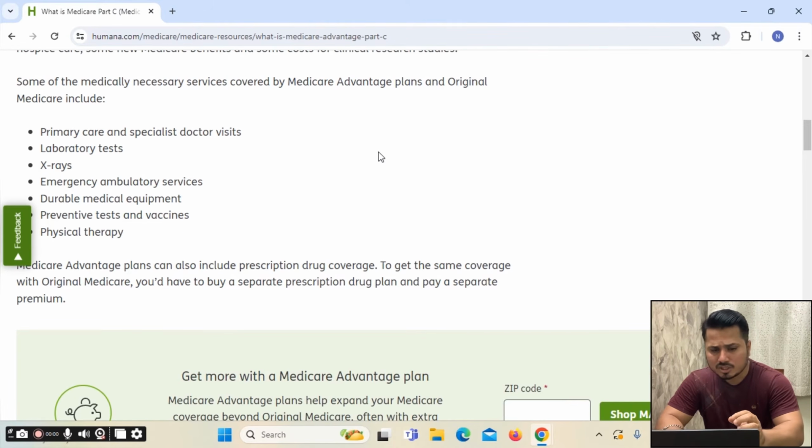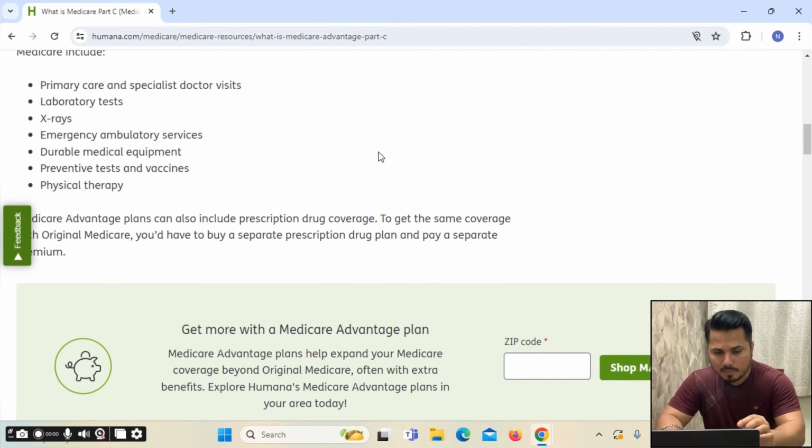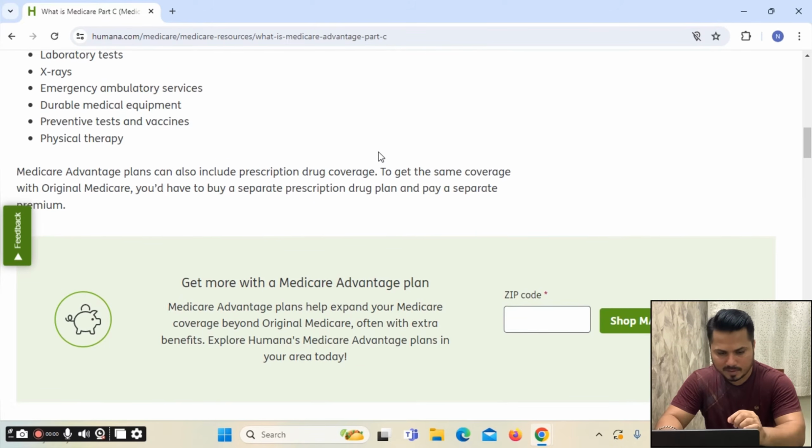Now here, some of the medically necessary services covered by Medicare Advantage plans and original Medicare include primary care and specialist doctor visits, laboratory tests, x-rays, emergency ambulatory services, durable medical equipment, preventive tests and vaccines, physical therapy, guys.